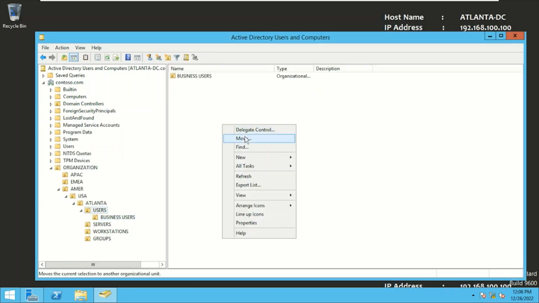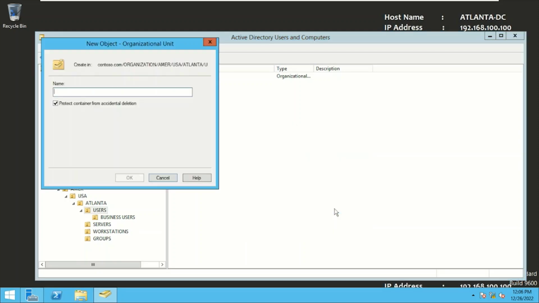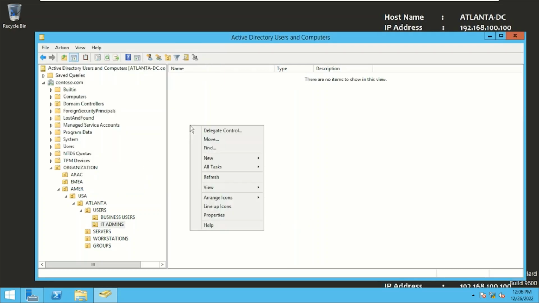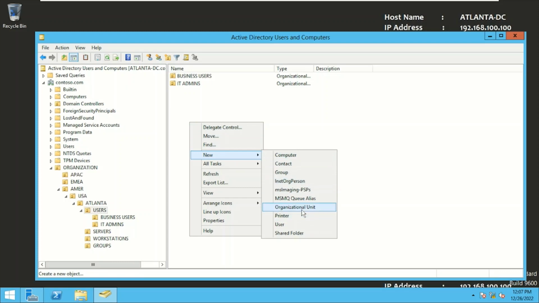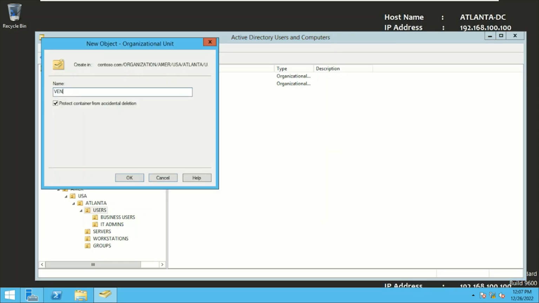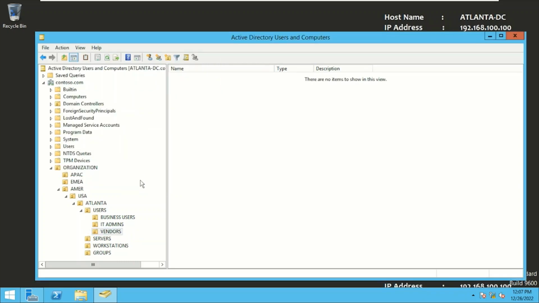Then under users we will have IT admins, and then under users as well we'll have vendors. So we are keeping vendors separate from our business users or any other users. So we'll have these three types of users in our Atlanta office.